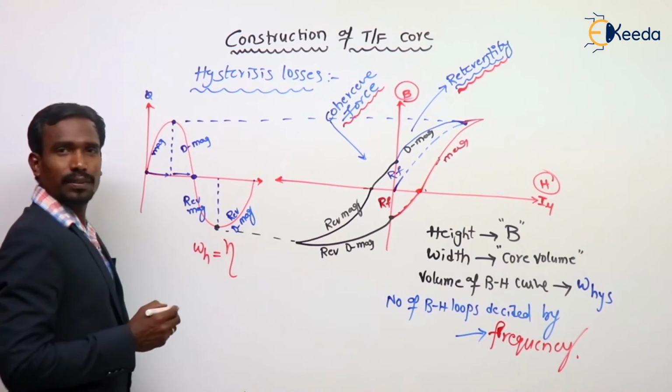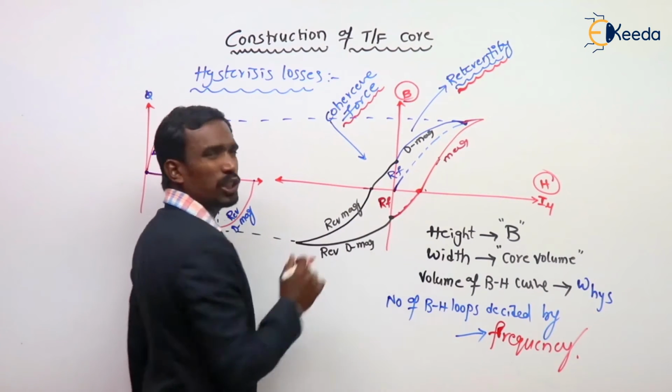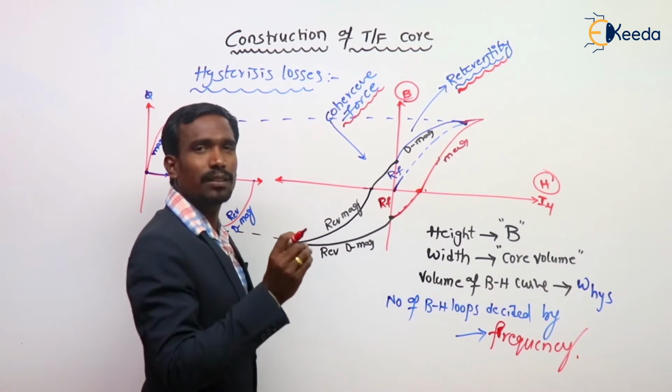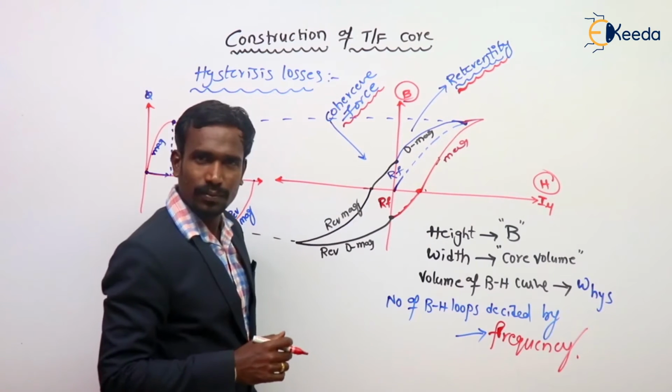Some constant into, generally this is a volume, height times width times length, right?